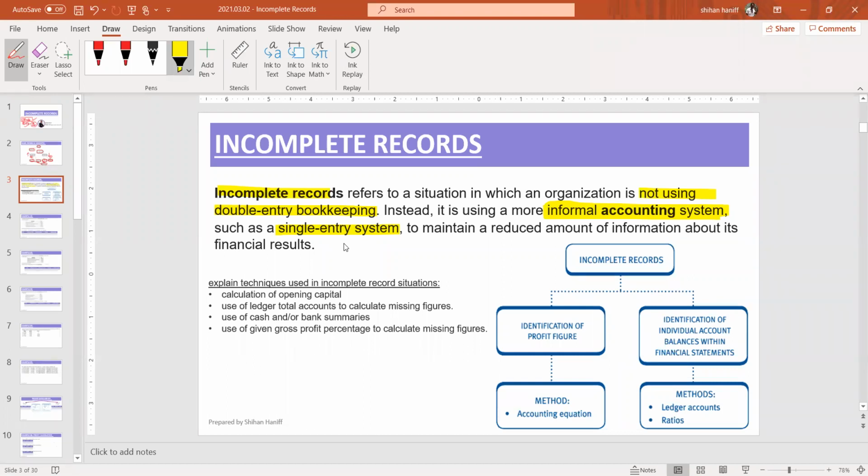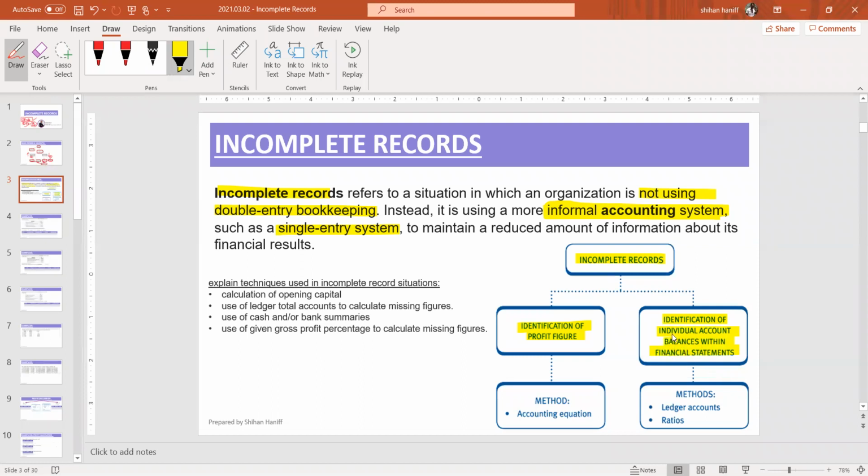When they receive cash, they record it in the cash receipts. Payments, they record in the payments. No double entries, no ledger accounts, no trial balance. It's only recording a single entry. As I said, incomplete records has two parts. One is identification of profit, then identification of individual account balances within financial statements.